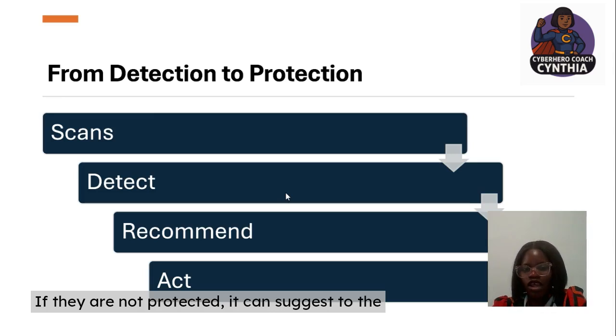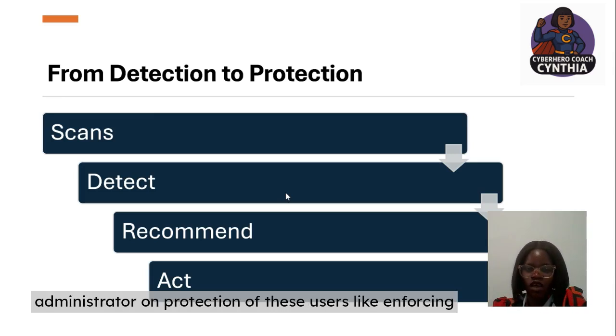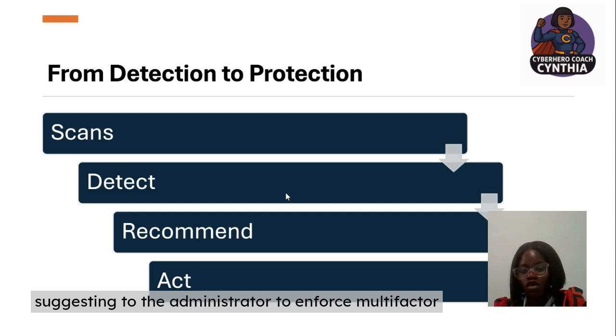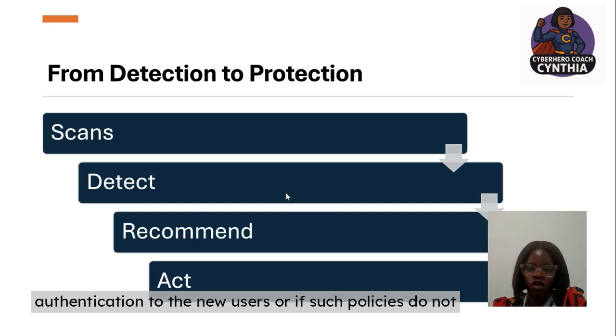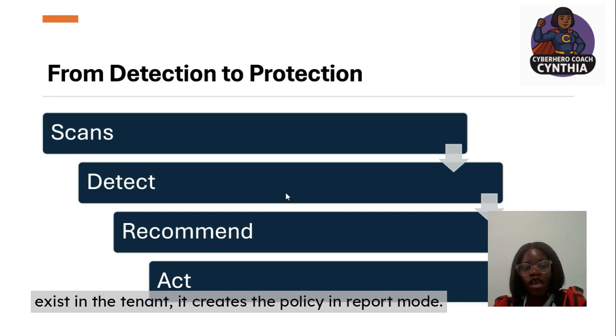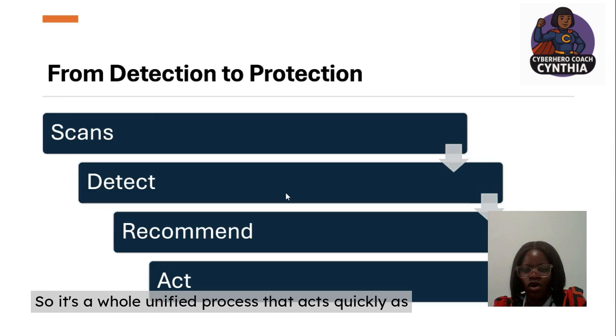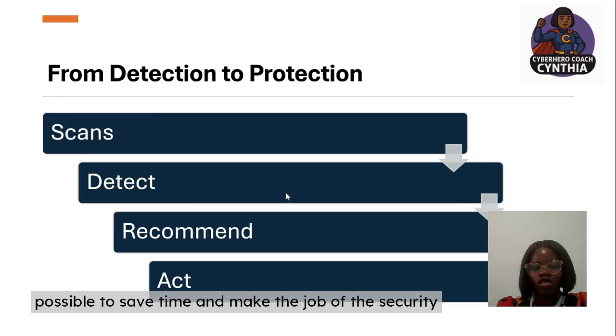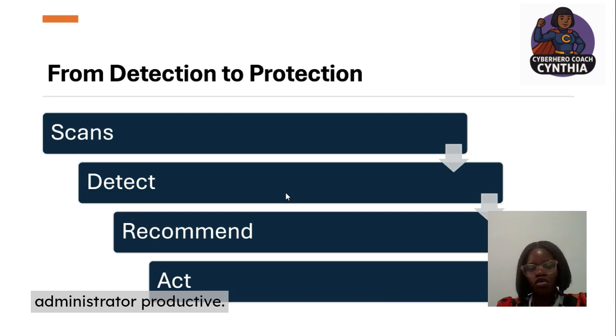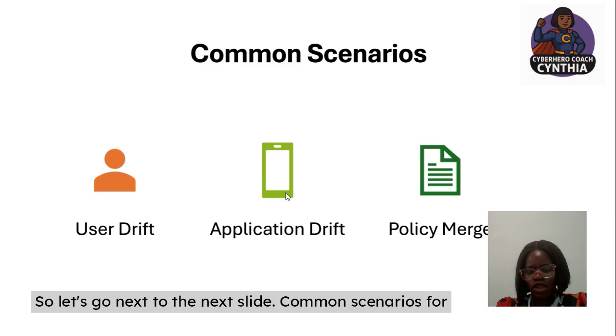If they are not protected, it can suggest protection, like suggesting to the administrator to enforce multi-factor authentication for the new users, or if such policies do not exist in the tenant, it creates the policy in report mode. So basically, it scans, detects, recommends, and acts. It's a unified process that acts as quickly as possible to save time and make the job of the security administrator productive.